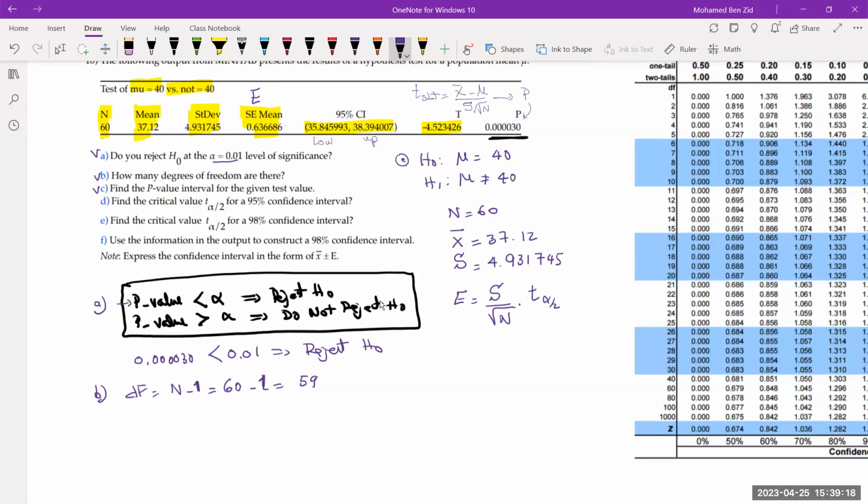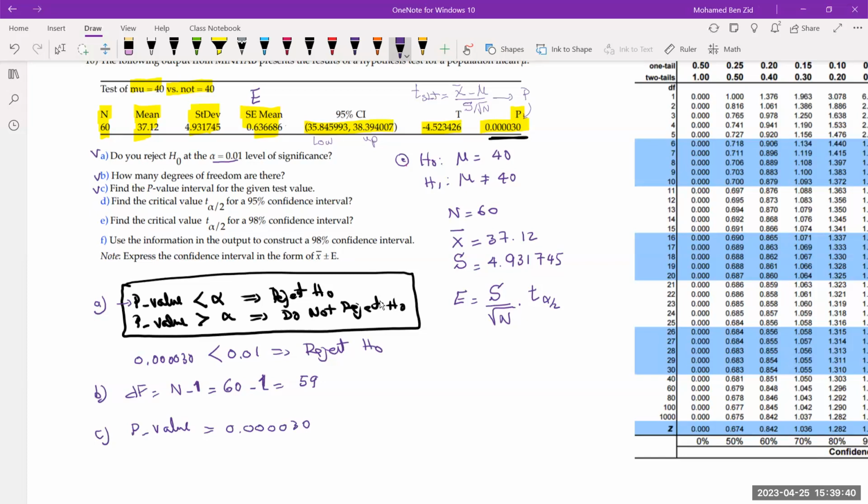So for C, the p-value is right here, so your p-value that you're looking for is 0.000030.